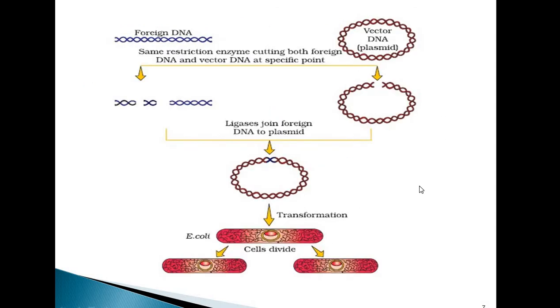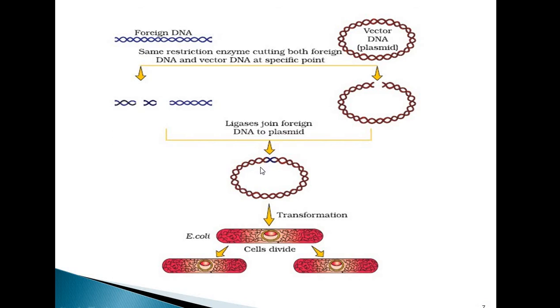Now, whatever we have seen, this is the whole summary of that. This is the foreign DNA, this is the vector, that is the plasmid. We cut both of them with the help of a restriction enzyme. After that, we join them with the help of DNA ligase, and this is called the recombinant DNA.